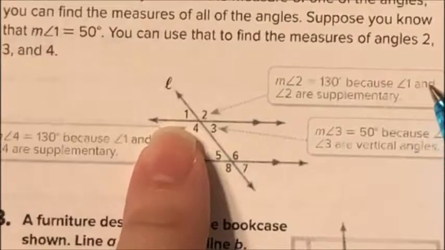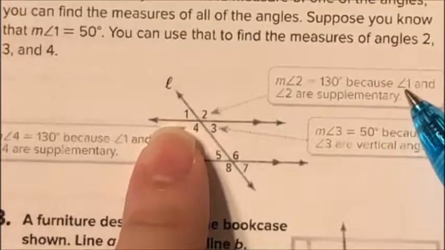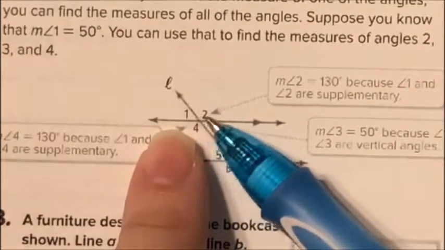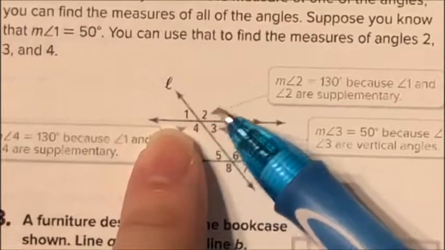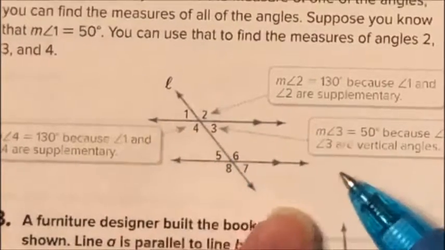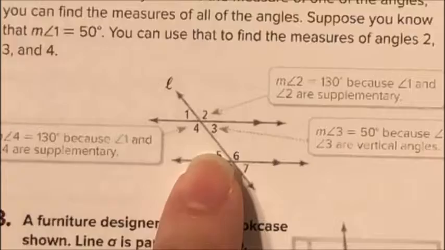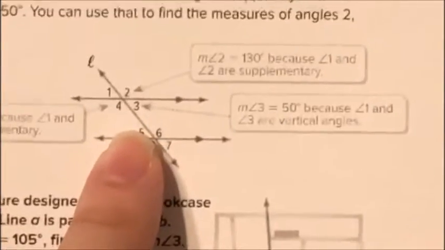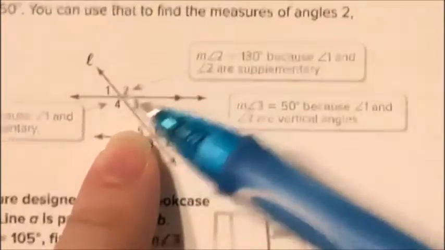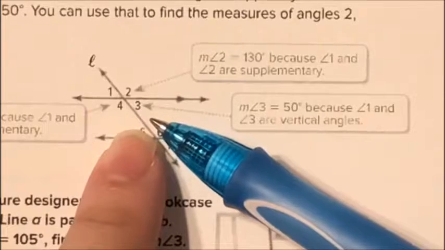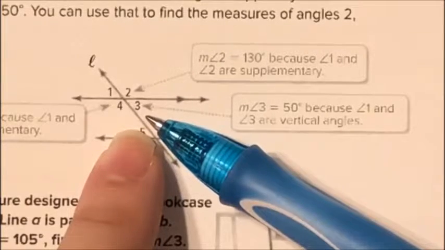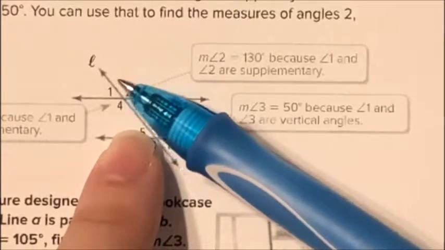So 1 and 2 are supplementary angles. Okay, so 1 is 50, 2 is 130. The measure of angle 3 is 50 because 1 and 3 are vertical angles, okay? Vertical angles are equal to each other.